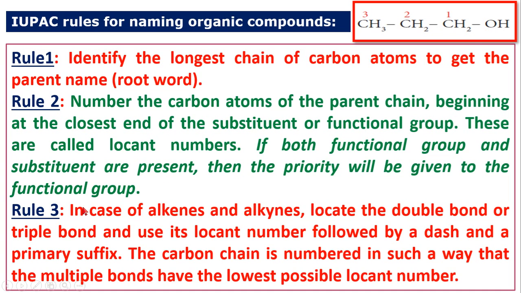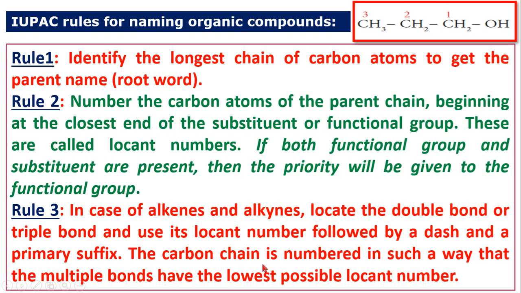Rule 3: in the case of alkenes and alkynes, locate them. Locate means find the double bond or triple bond, use its locant number followed by a dash and a primary suffix. Primary suffix means single bond means ANE, double bond means ENE and triple bond means YNE.